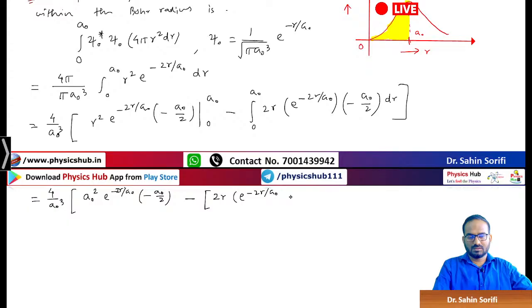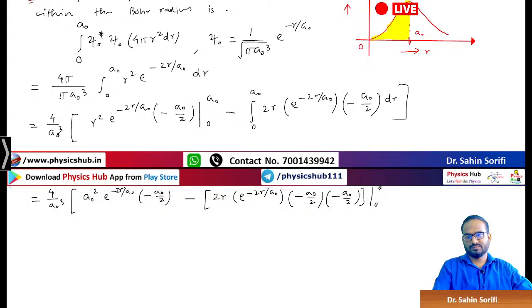So a naught square e to the power minus 2r by a naught minus a naught by 2, and if you put r equals 0, this is 0, minus, look, 2r e to the power minus 2r by a naught, then minus a naught by 2, minus a naught by 2 will come.